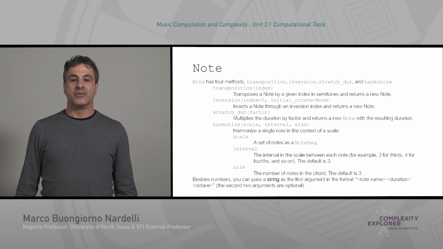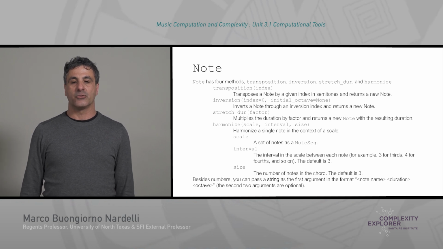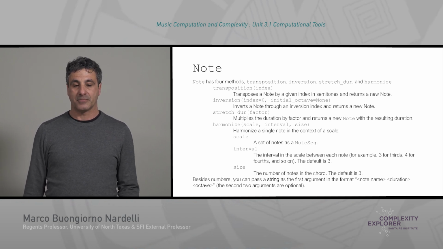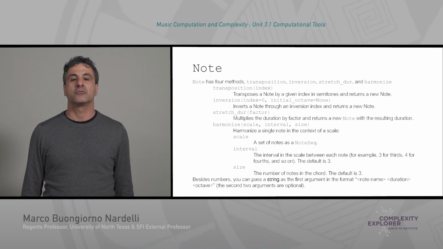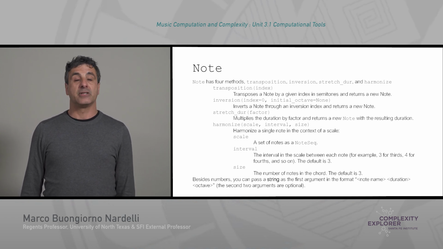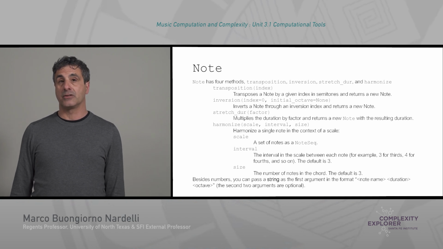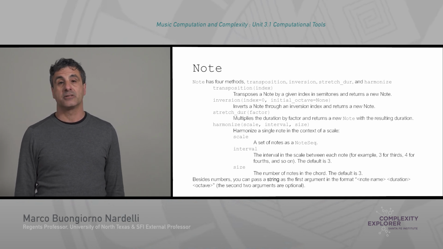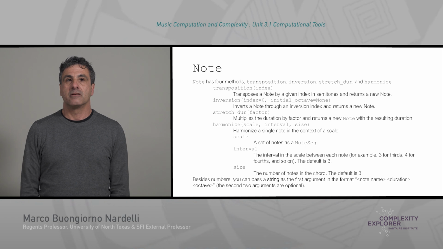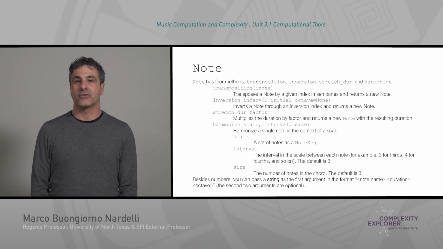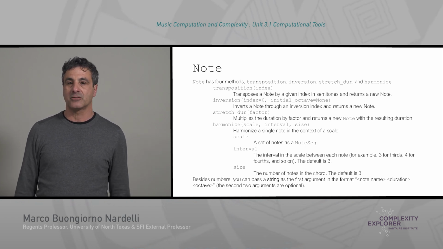Inversion inverts the note through the operation of a rotation, as we introduced in the previous unit. Stretch dur does exactly the same thing that it does in the rest class. It either elongates or shrinks the duration of the note by a particular factor.